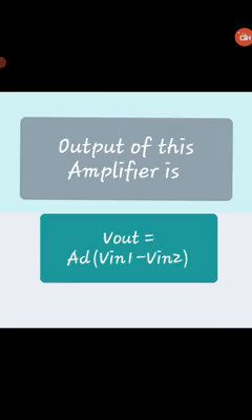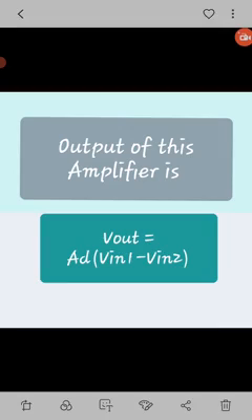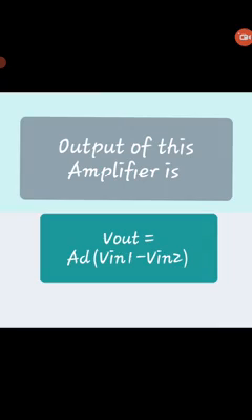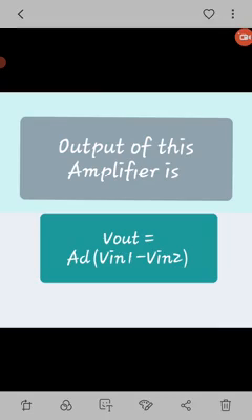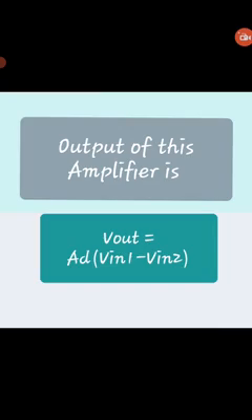Phi in 1 is the inverting input and phi in 2 is the non-inverting input. In this type, the gain AD is half that of the balanced output type.